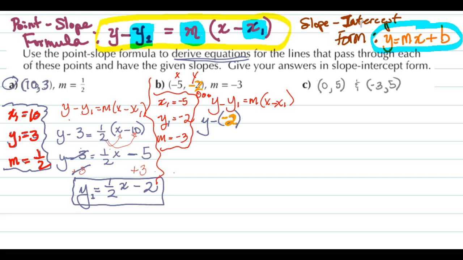Of course, if you're really getting good with this, you can go ahead and go straight to writing y plus 2, which is what it will become in a minute. Other than that, though, when you're starting to plug your numbers in, please use parentheses when you're plugging those negative values in. Okay, so our slope now is -3, and then we have x minus (-5). See, there I go again.